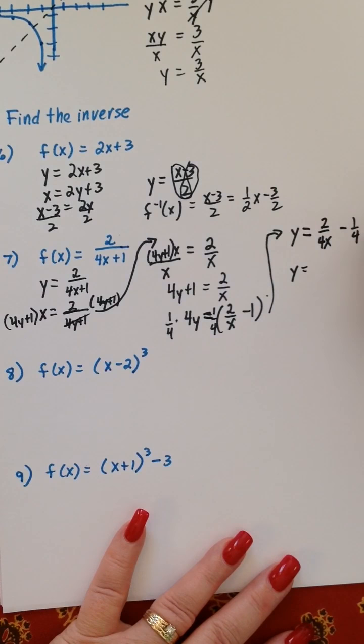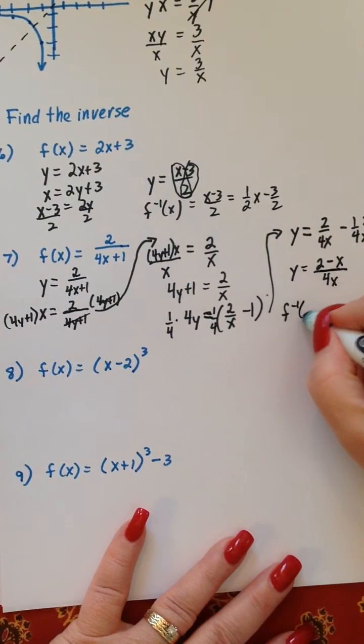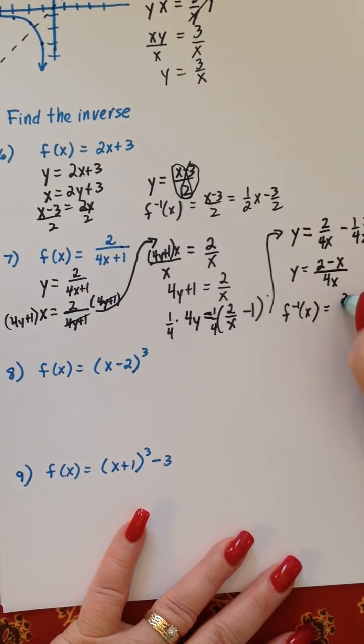So to do that, we get a common denominator. Looks like the least common denominator is going to be 4x. So I'd have to multiply numerator and denominator by x, which gives me 2 minus x over 4x. And so they would say the inverse of this problem is 2 minus x over 4x.